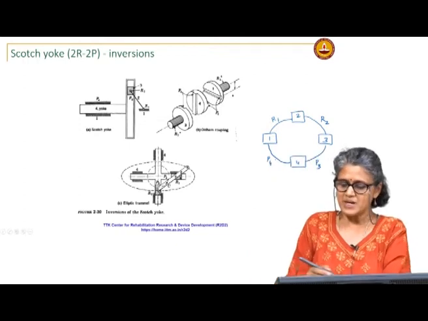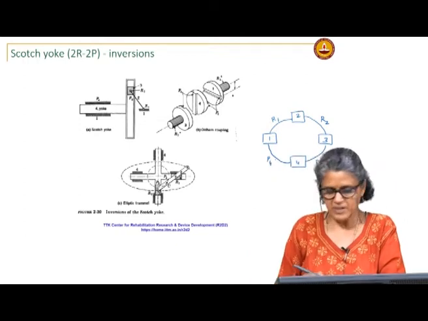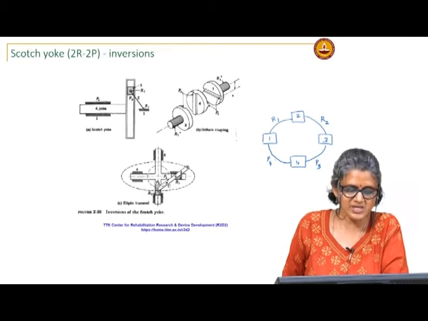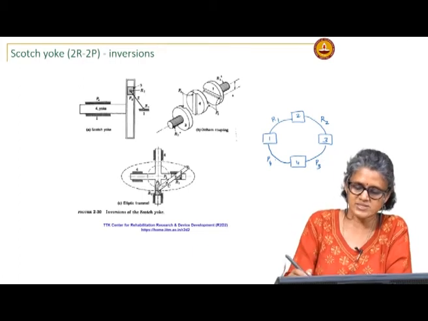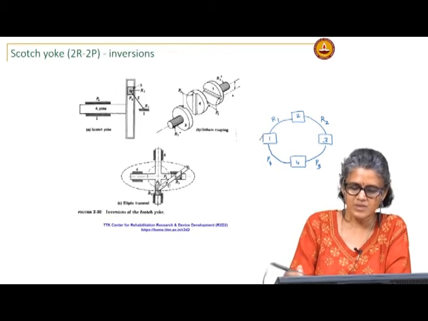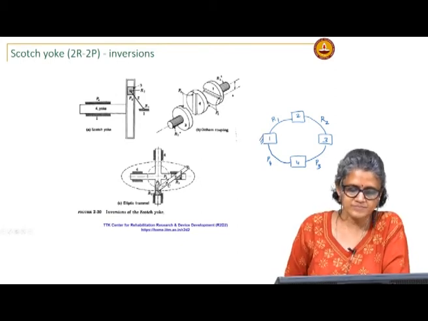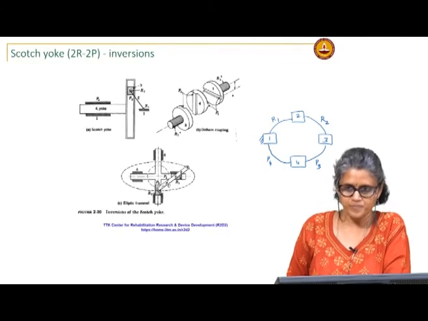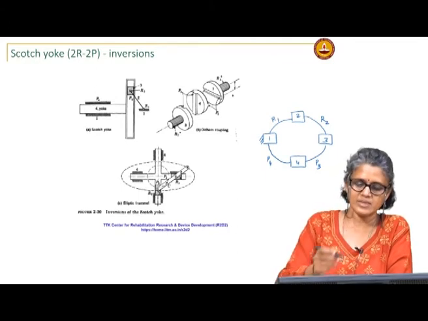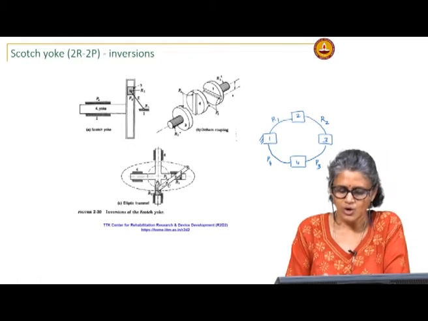You have 2 prismatic and 2 revolute joints, and depending on which link I fix in the kinematic chain, I get different mechanisms. Here link 1 is fixed and I get a Scotch yoke. If I fix link 2, then I get what is known as an Oldham coupling.